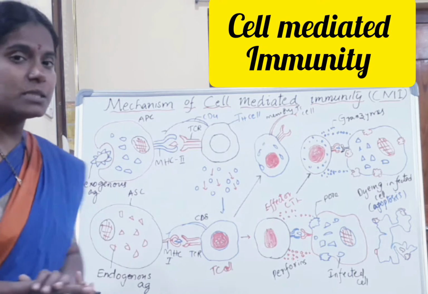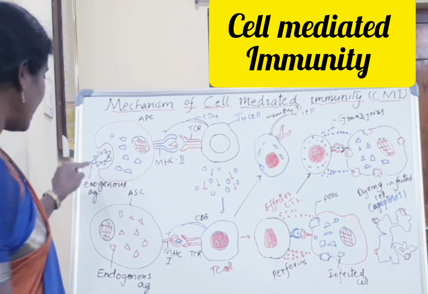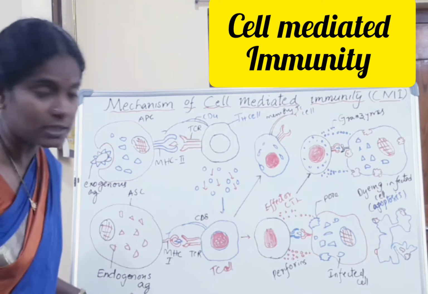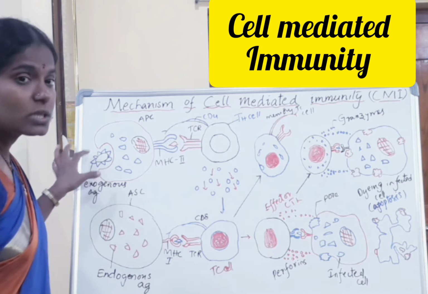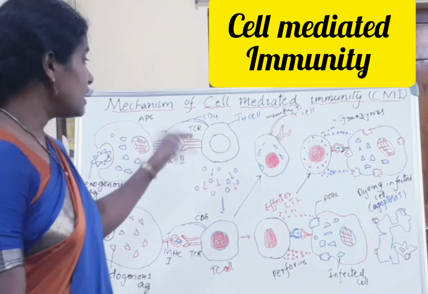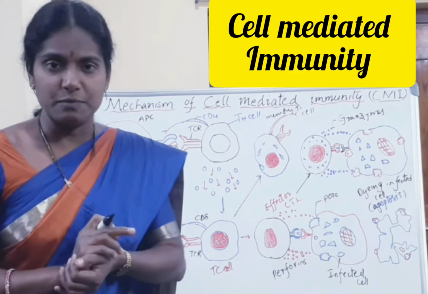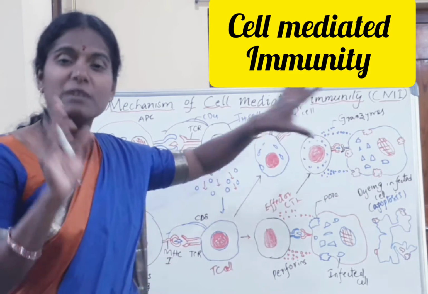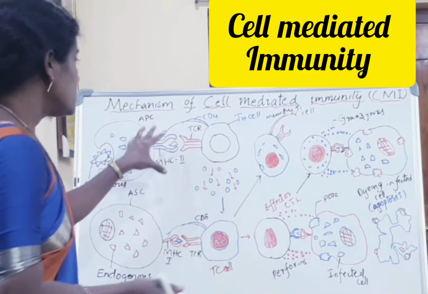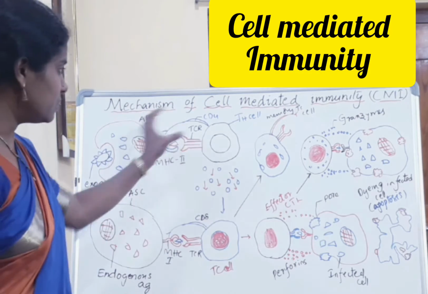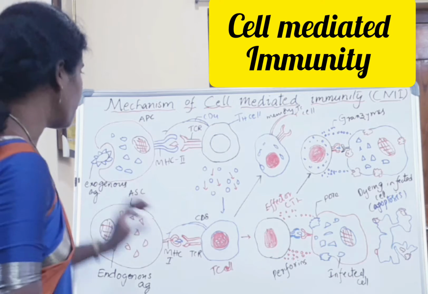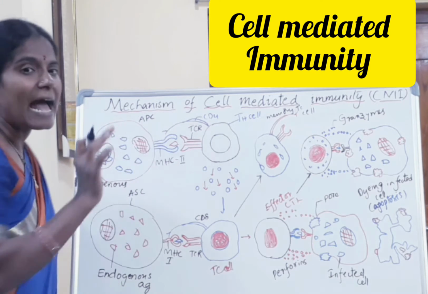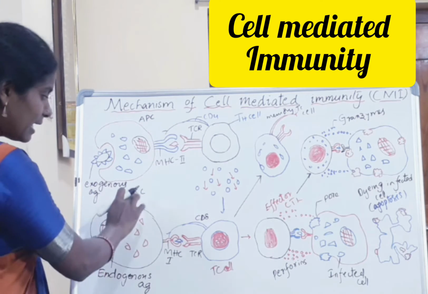Here the antigens are of two types, exogenous as well as endogenous. But before that, in immunology there are technical terms. If you know the terms, then only immunology becomes very easy. So let me explain the related technical terms now. APC, antigen presenting cells.